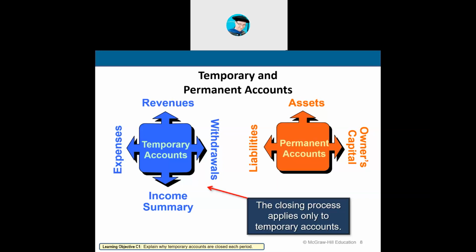We don't zero out cash, right? There's going to be money in the bank account at all times. We don't zero out our loan, although we wish we could. It's still going to be there that next month, right? So the way to think about it is temporary accounts are everything on your income statement. Permanent accounts is everything on your balance sheet.